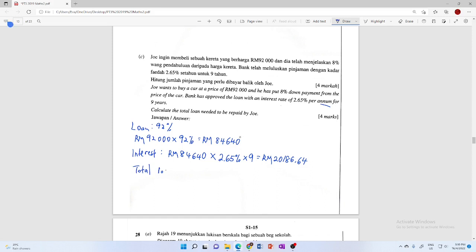Total loan will be added up. 84,640 added with the interest 20,186.64. So the total loan need to be repaid is 104,826.64.